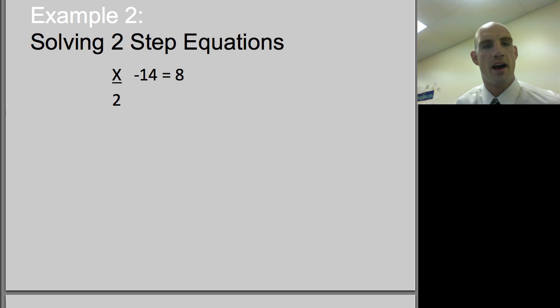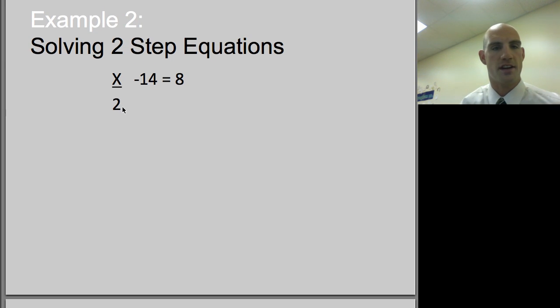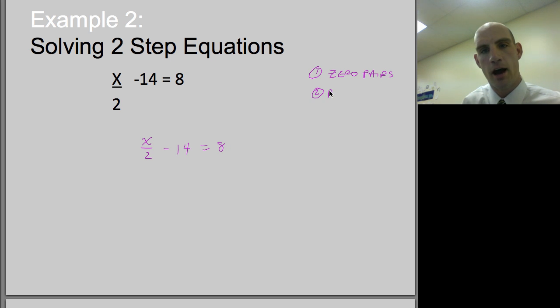In this case, we have x over 2 minus 14. Let me rewrite this. x over 2 minus 14 equals 8. Okay? And so basically, we need to remember we're going to do zero pairs and opposite operations.